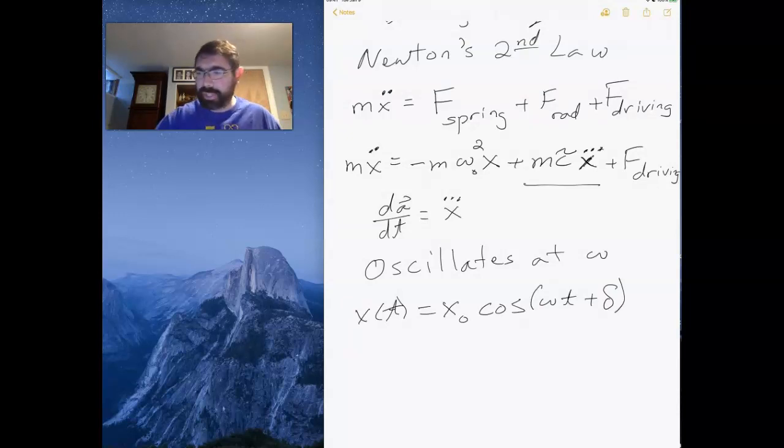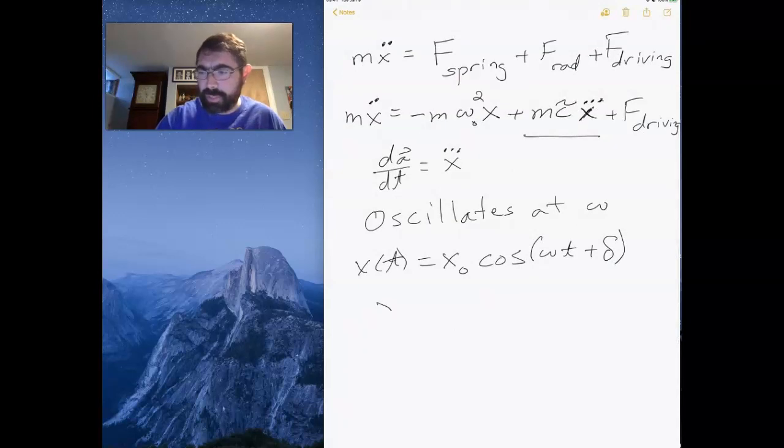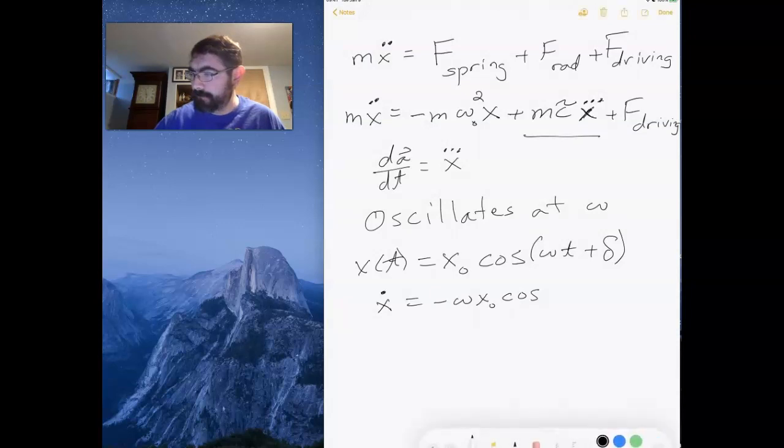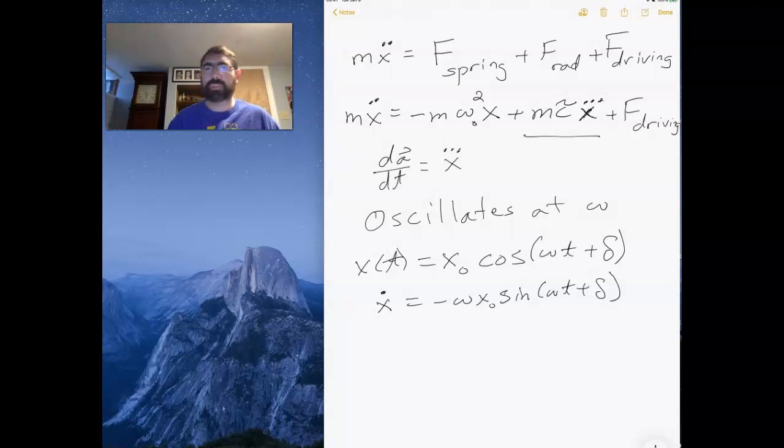So now if I was to take the derivatives of that, I would get minus omega x naught sine of omega t plus delta.